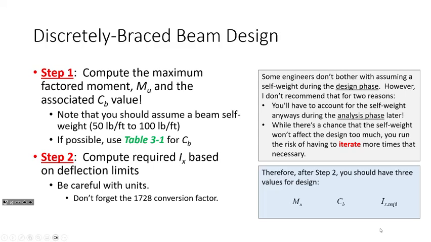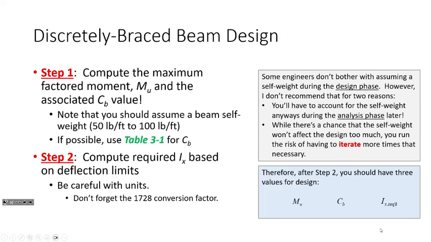Now to be clear, the process of designing a discretely braced beam is, at a 30,000 foot view, the same process as for a continuously braced beam design. The only difference is you're using different design aids and different models to compute capacity, but the idea is the same. The first thing that you do is you compute a maximum moment and a maximum shear. You do all the structural analysis.